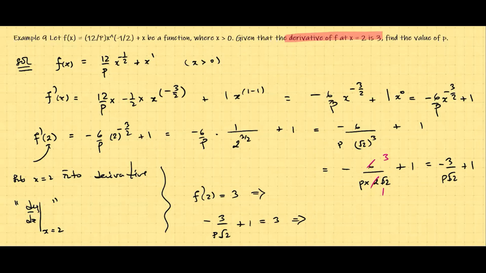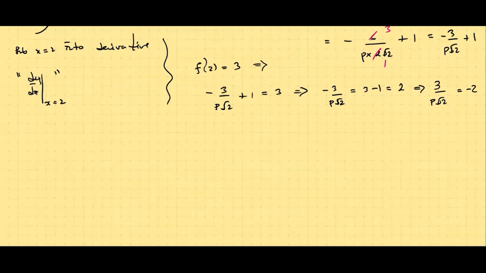So I keep this on the left hand side, I take 1 away to get 2, and I multiply through by negative 1, so I get 3 over p root 2 is equal to negative 2. Then we can say 3 is equal to negative 2 times p root 2.